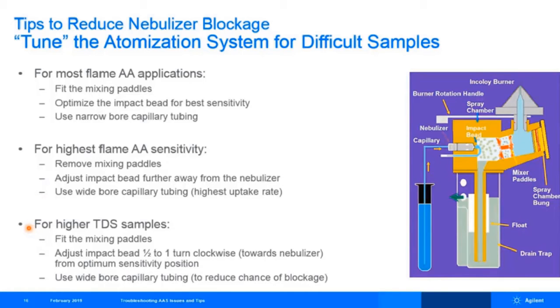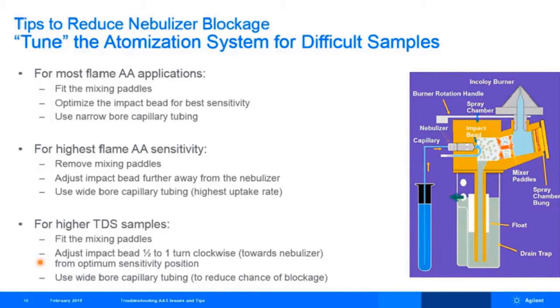Now, what about if you're running more challenging samples, where perhaps there are higher levels of total dissolved solids? Again, here we need to make sure we have the mixing paddles in position, because that will enable us to get better mixing and to remove some of the larger droplets that can potentially cause blockage of the burner system. We want to adjust our impact bead.